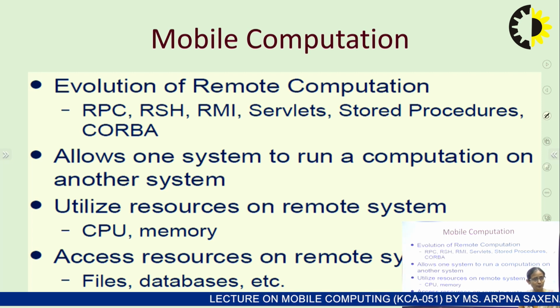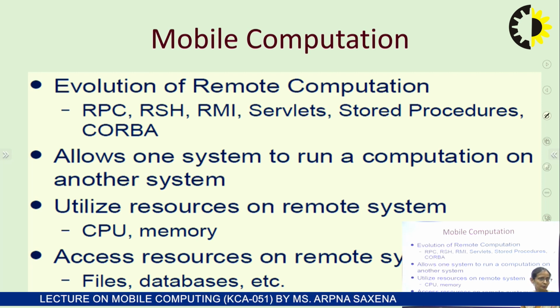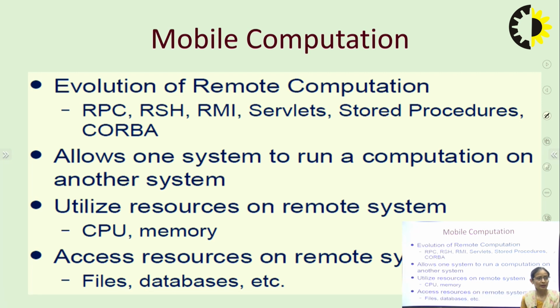When we talk about mobile computation, the evolution of remote computation has been done with the help of RPC, RSH (remote shell), remote MI, servlets, stored procedures, CORBA, etc. It allows one system to run a computation on another system and utilize resources on the remote system. These resources could be CPU or memory.